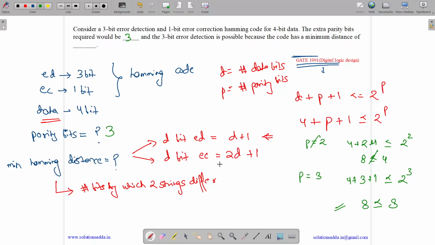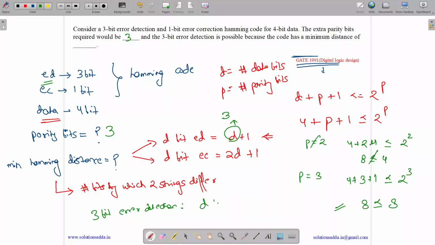Now let us see the second part. The second part is asking for the minimum Hamming distance required. For d-bit error detection, the Hamming distance is d plus 1. Here d is 3, as we have 3-bit error detection.